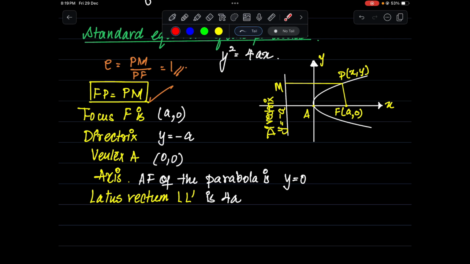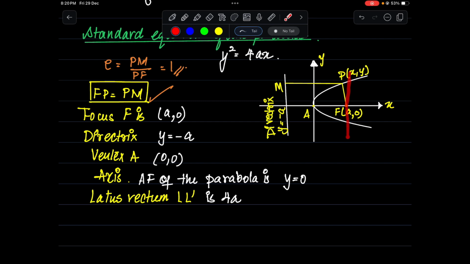Vertex, as you know, is (0, 0). If you want to define the vertex, it is the intersection of the axis of symmetry and the parabola. Another term in this vocabulary is latus rectum, which is denoted by L L dash. Basically, you take this line from the focus perpendicular upwards, straight along this line.